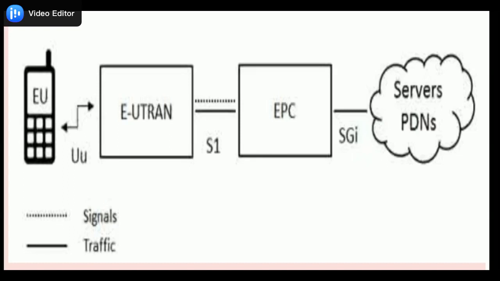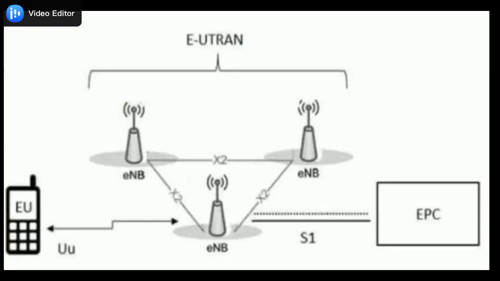Okay, the EUTRAN. The architecture of EUTRAN is as shown in this picture. The EUTRAN handles the radio communication between the mobile and the evolved packet core, and has just one component, the evolved base station called eNodeB. Each eNodeB is a base station that controls mobiles in one or more cells.